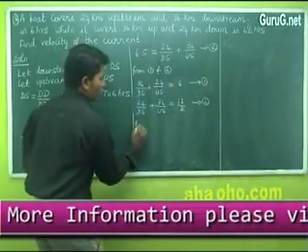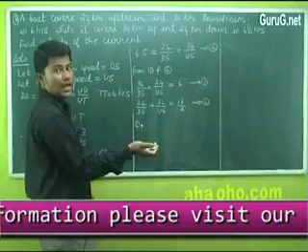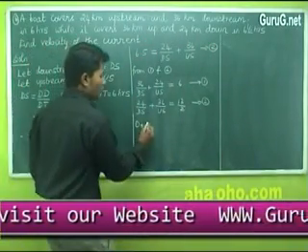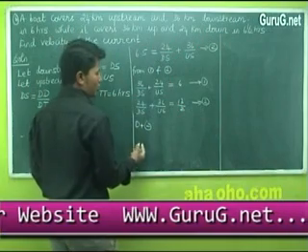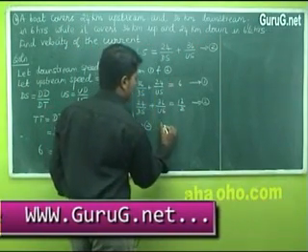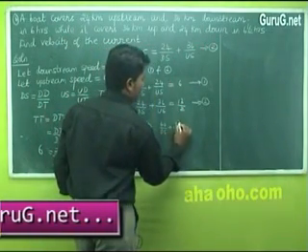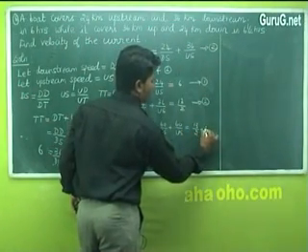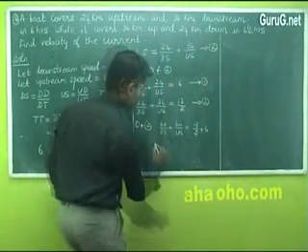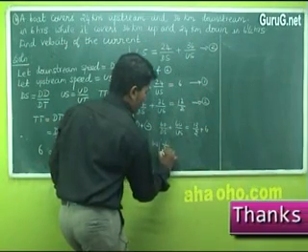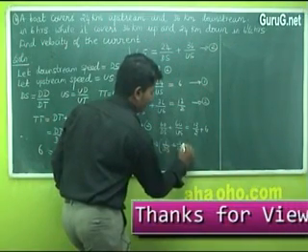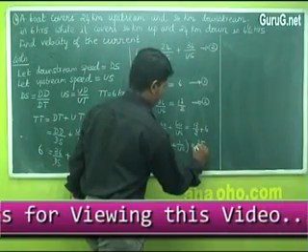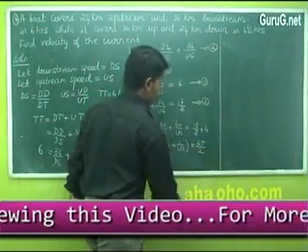Now add 1 and 2. That is, you have to solve these two equations. In our previous module, we have seen how to solve equations. What is 1 plus 2? 1 plus 2 is nothing but 60 by ds plus 60 by us is equal to 13 by 2 plus 6. That is 60 into (1 by ds plus 1 by us) is equal to 25 by 2.